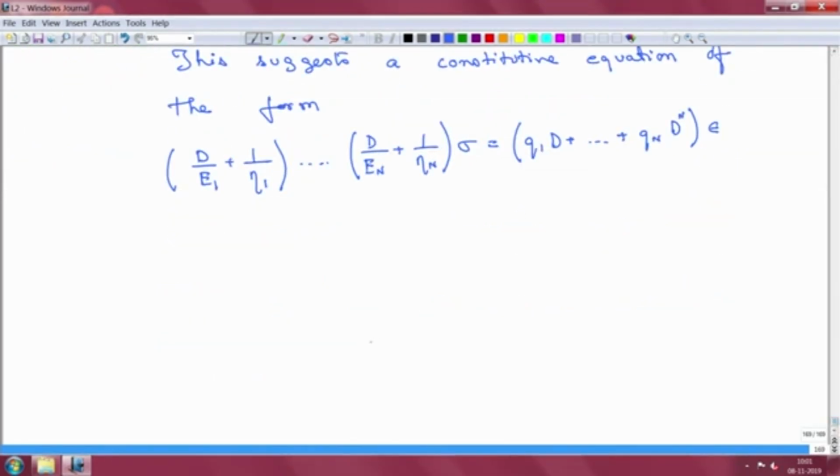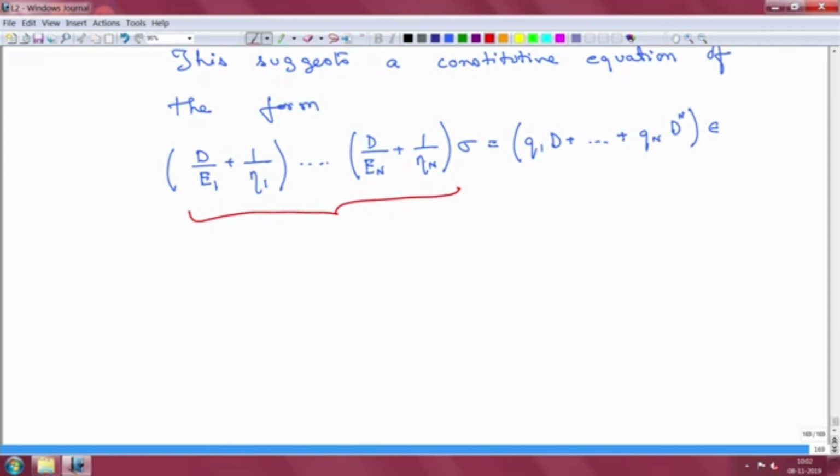Now, note one thing, that this system here will also result in powers of D all the way till N, but this polynomial will also have a constant term. Okay.